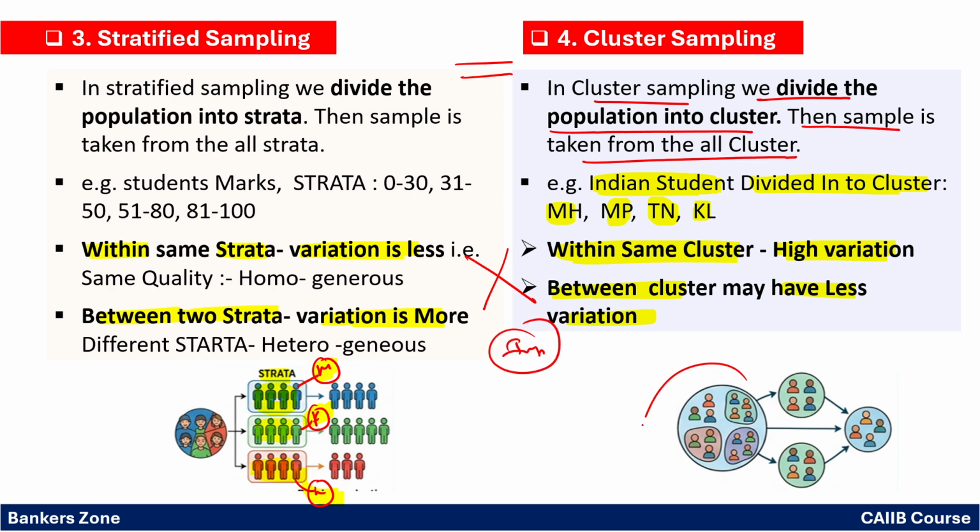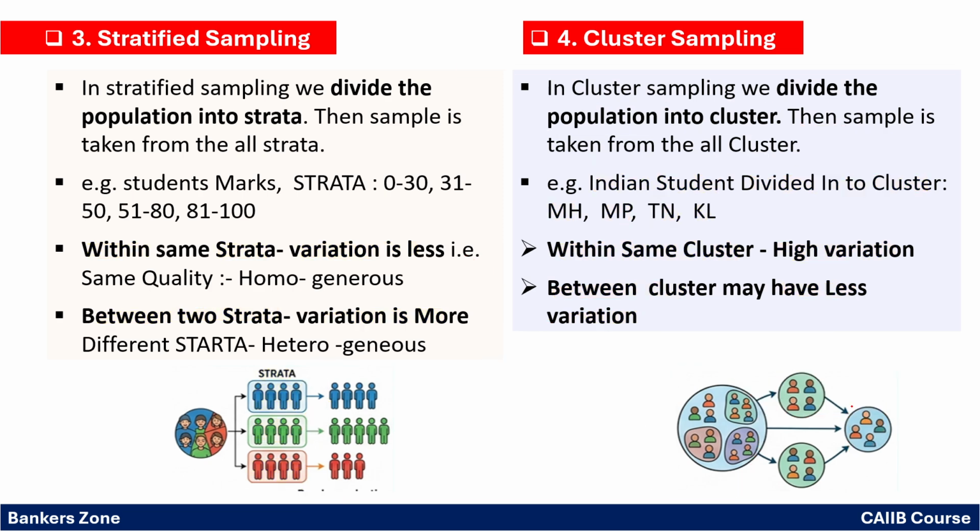See, we have the population, so we divide the population as per the state. This is the population of Maharashtra, this is say Kerala, this is say Tamil Nadu. So the population of Maharashtra and the population of Kerala, there is a very small variation between those two, right? But within Maharashtra variation can be more, right?